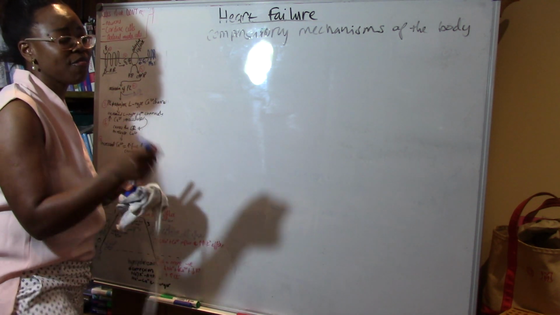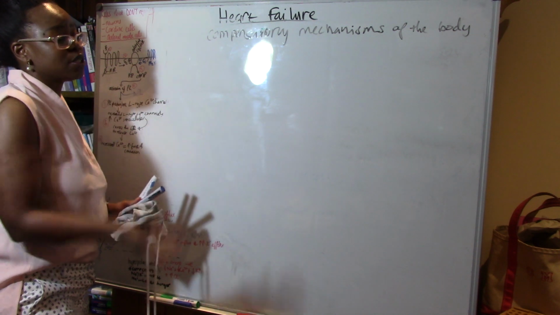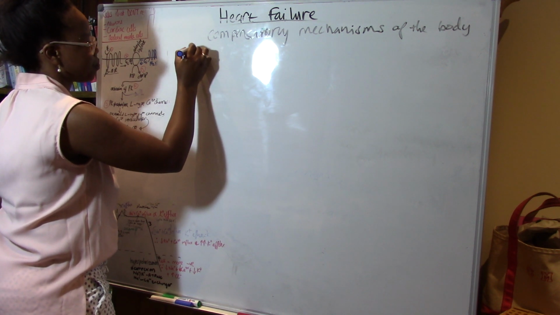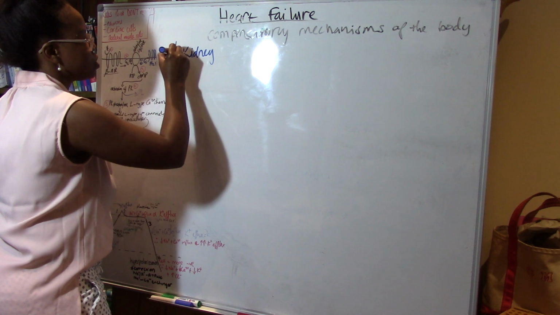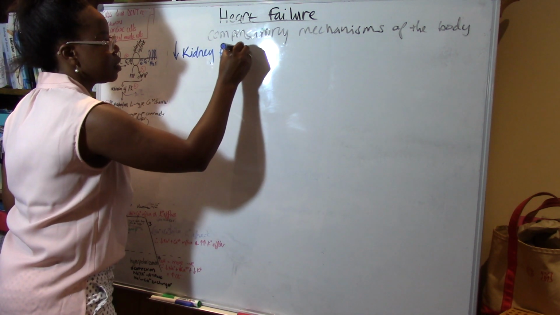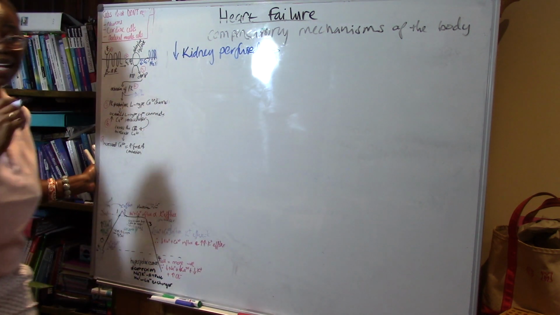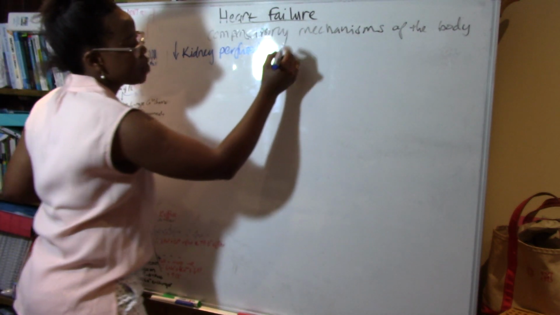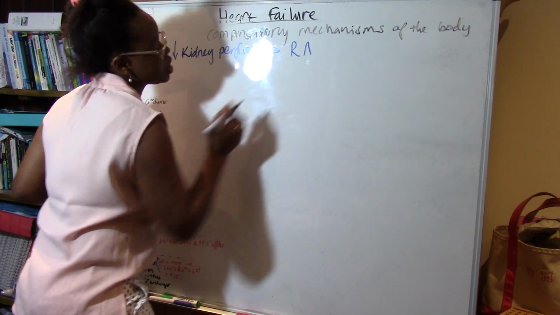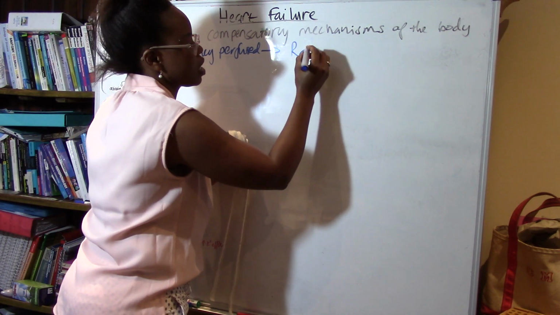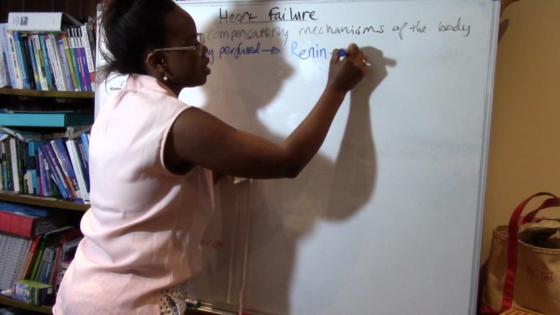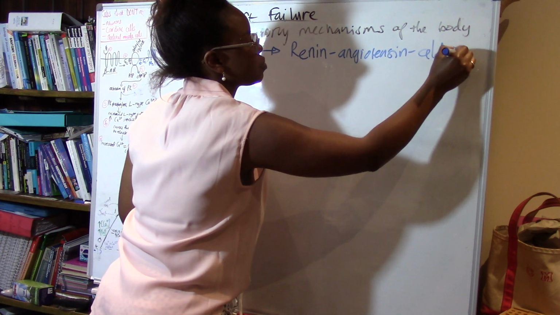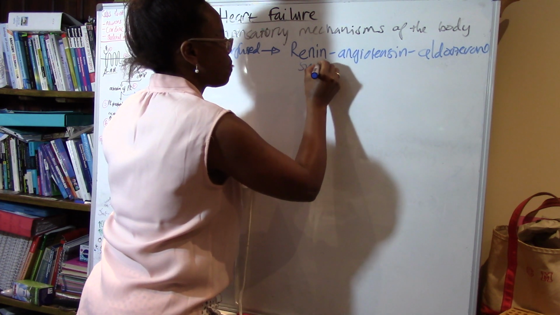For example, when the body is not receiving enough perfusion, particularly the kidneys, if they are underperfused, they will sense that reduced perfusion and sense it as there's something wrong here, and activate the renin angiotensin aldosterone system.